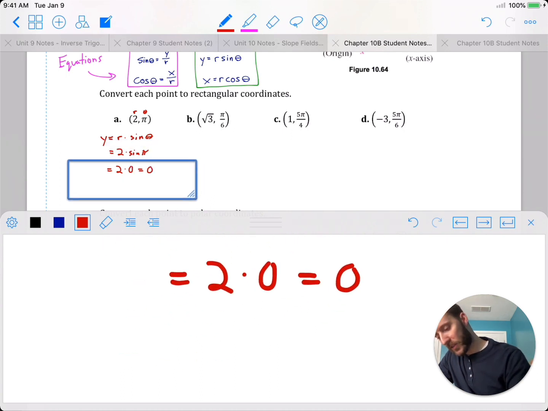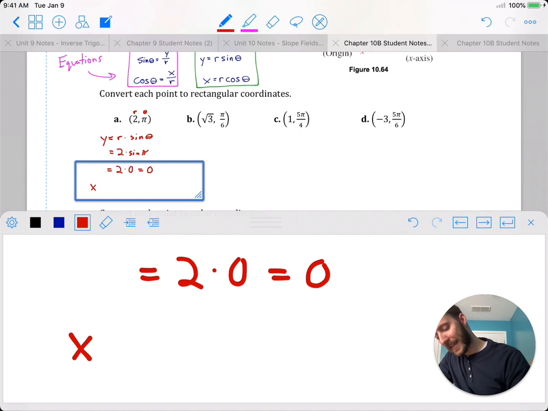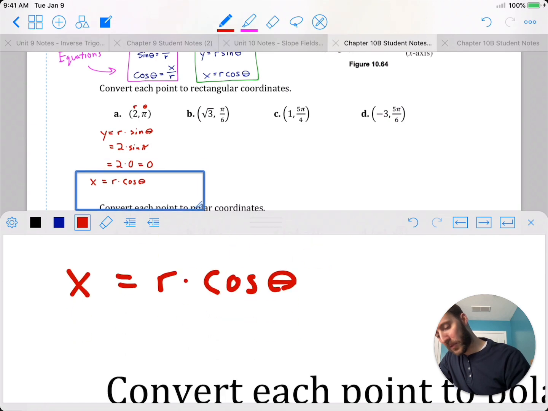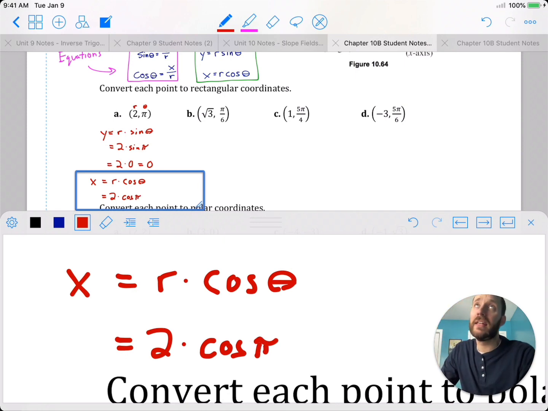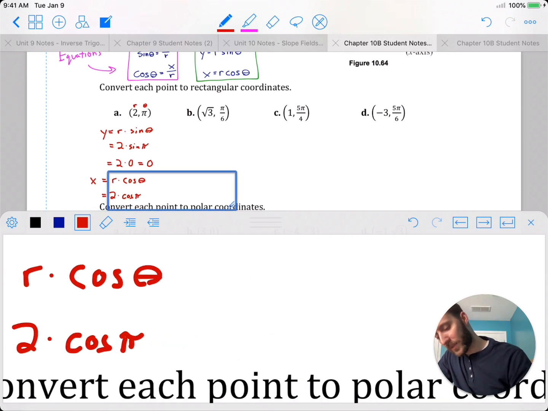So y value is 0. To find x is r times cosine of theta. So plug that in, 2 times cosine of pi. The x value at pi is -1. So 2 times -1 or -2.